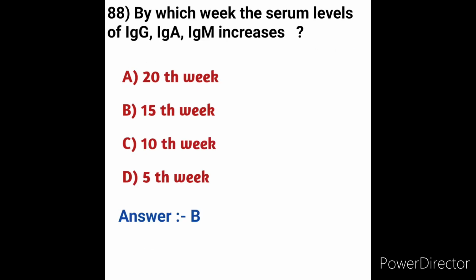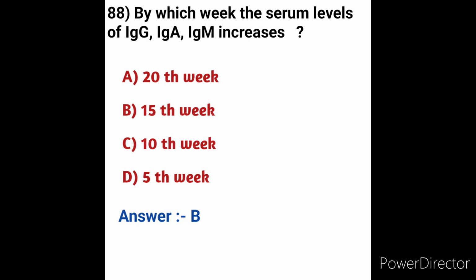Next, move on to question number 88. By which week do the serum levels of IgG, IgA, IgM increase? Immunoglobulin G, immunoglobulin A, immunoglobulin M increase at which week? We will see the options here. Option A, 20th week. Option B, 15th week. Option C, 10th week.